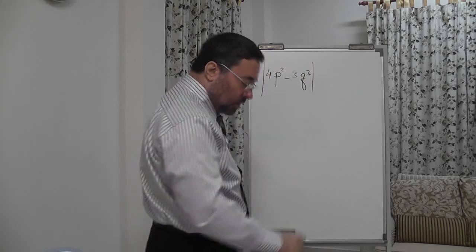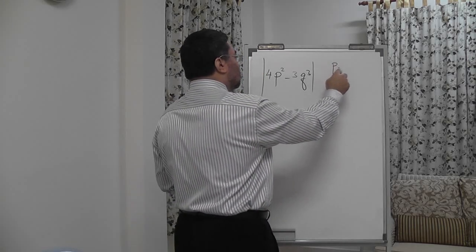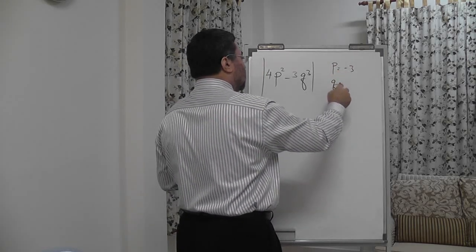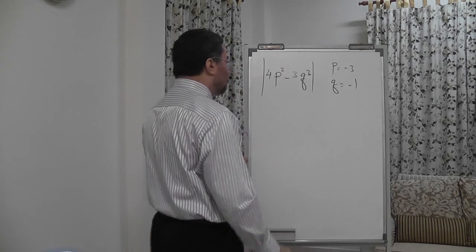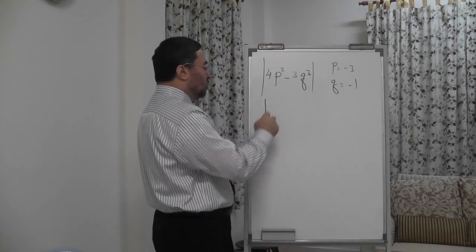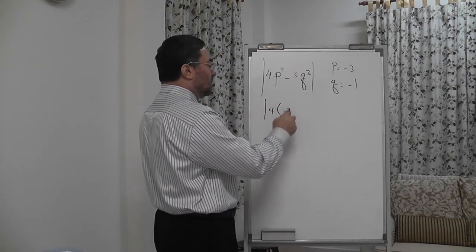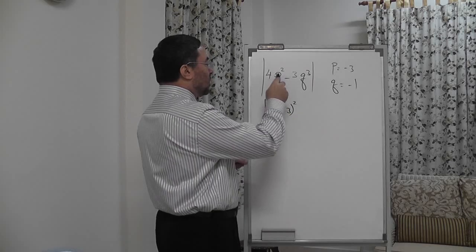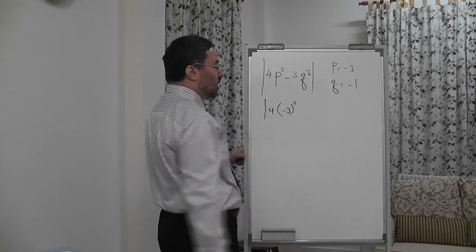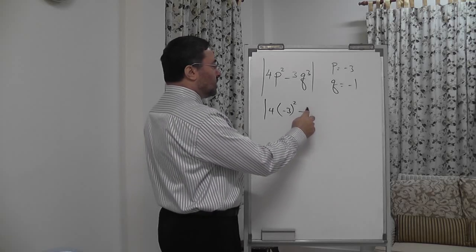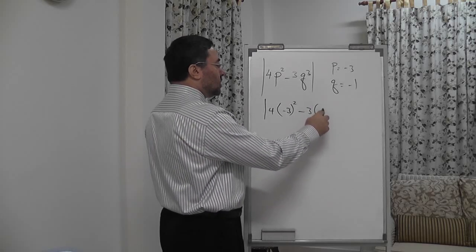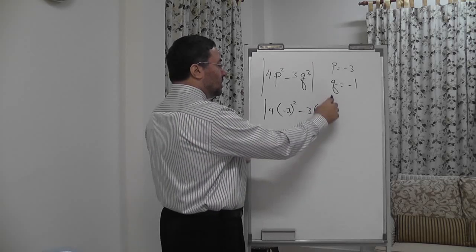P is minus 3 and q is equal to minus 1. Again, absolute 4 into minus 3 squared. We are squaring the p. So we are going to square the minus 3. Minus 3 into minus 1 cubed.